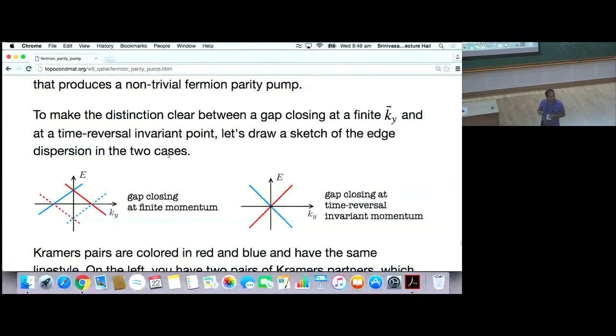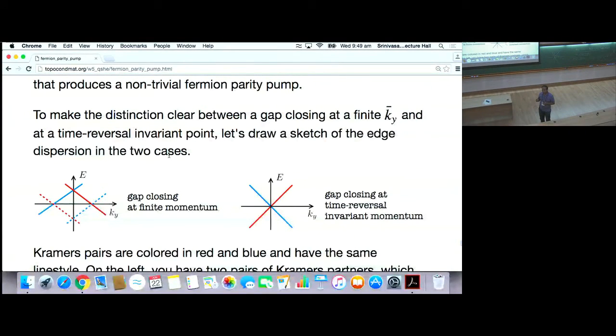Yeah? Okay. So now the next question is, what is this weird condition that m of x changes sign?